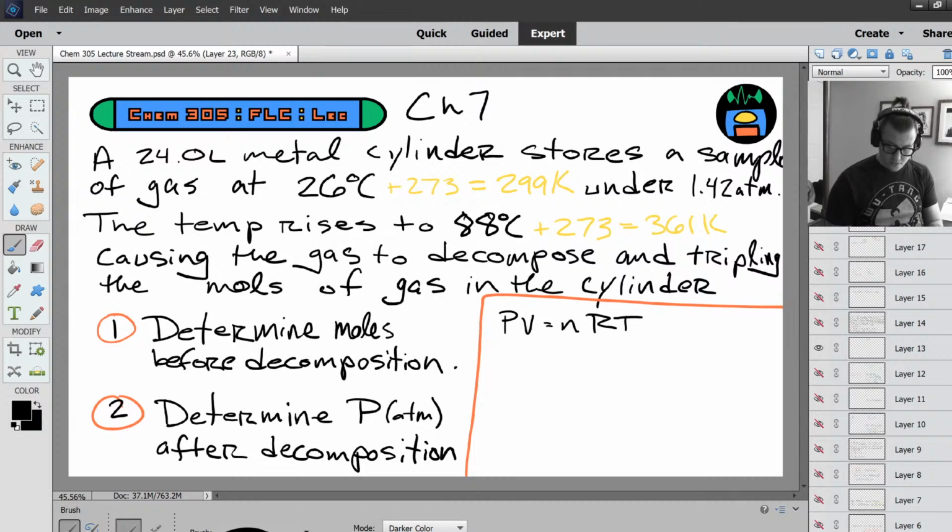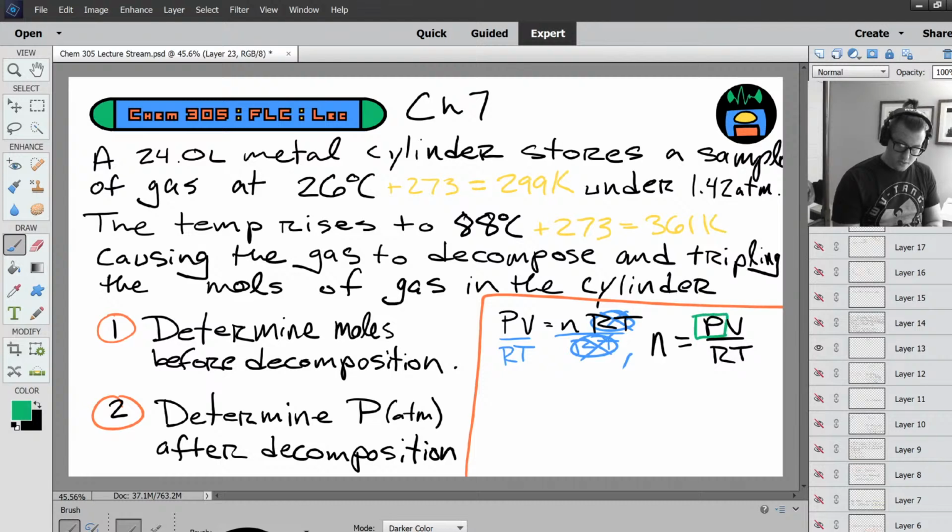We already know we're solving for moles, right? So let's divide both sides by RT. So we get moles are equal to PV over RT. All right. Now, when you look at what we're given, we are told the pressure, right? It's right here. We're given the volume.